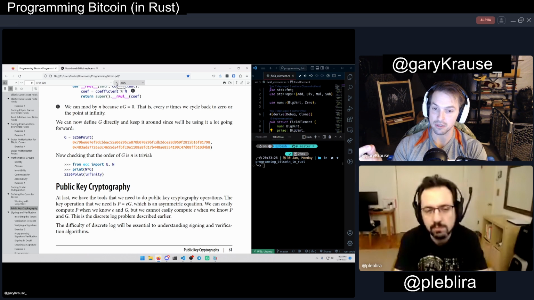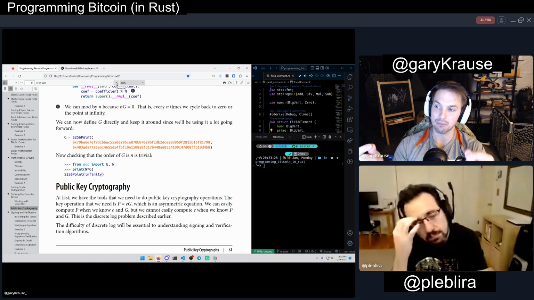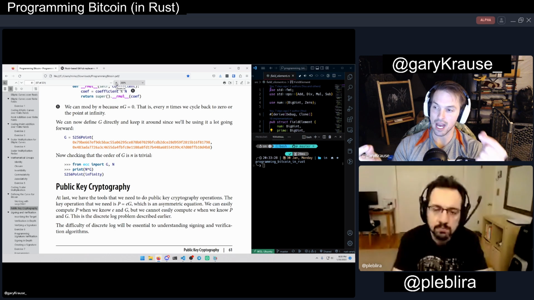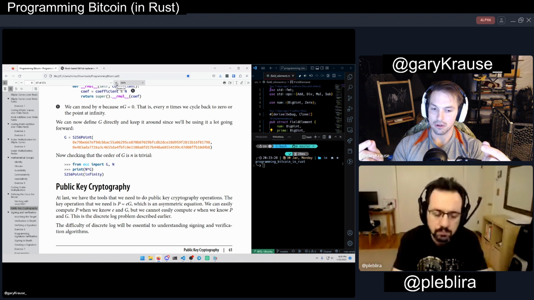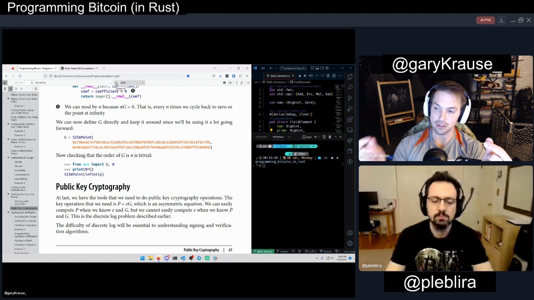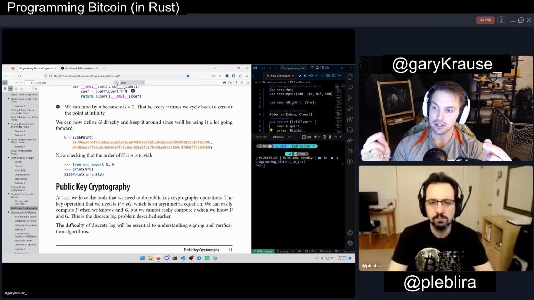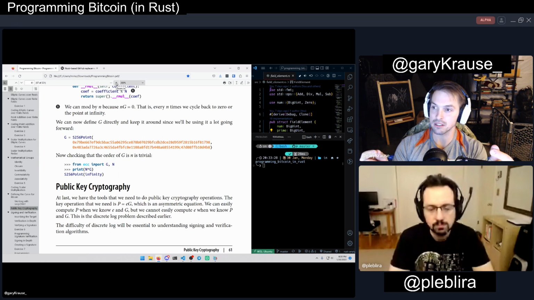And what this next section of the book gets into is how that public key is generated and how that asymmetry works with the public and the private key. So you create a public key as your address, and you're signing a transaction to prove that you own this UTXO that was addressed to that public key, right?